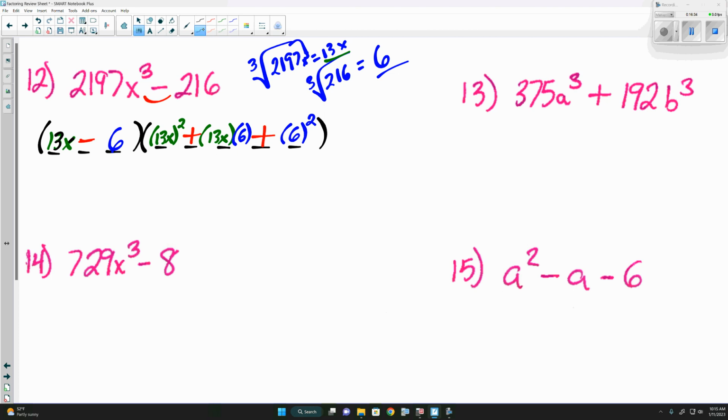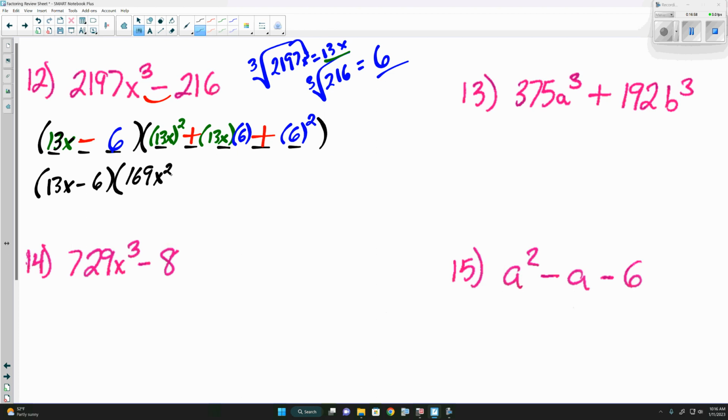Questions on how we got this set up? Now we just need to simplify. So 13x minus 6 is fine. 13x squared, 13 squared is 169. The x squared is x squared. We're squaring both terms.